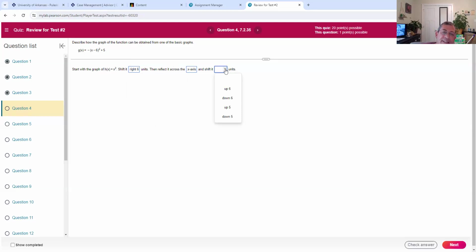Well, we done did the 6s. That moved us right. So it's either up 5 or down 5. So y'all are saying up 5, so good job. Okay, so just go through on that one and fill it in. Just remember, the only axis we reflect across is the x-axis at this point, okay?